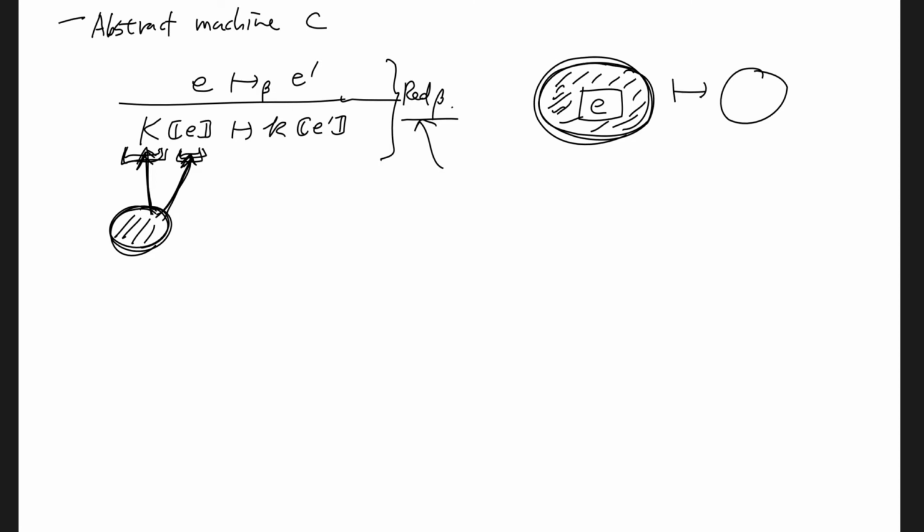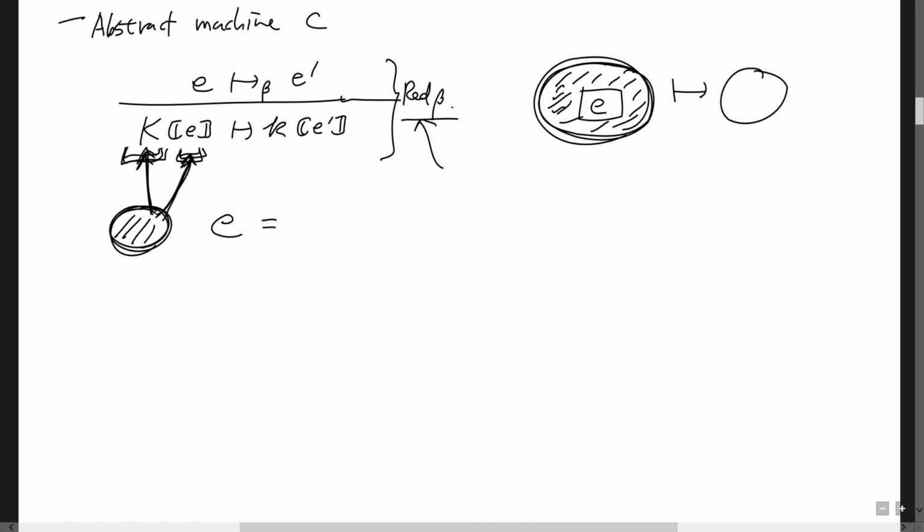So let's see an example. This one. The expression E is something applied to expression E prime, and this one is if then E1 else E2, and this conditional expression is a lambda application.